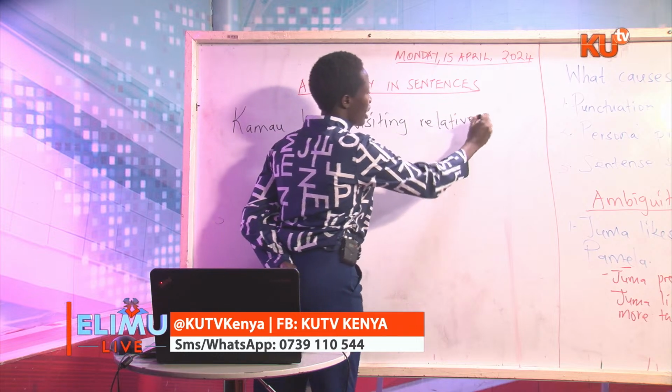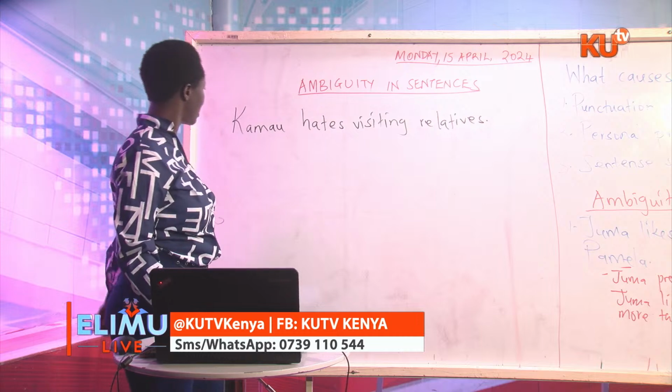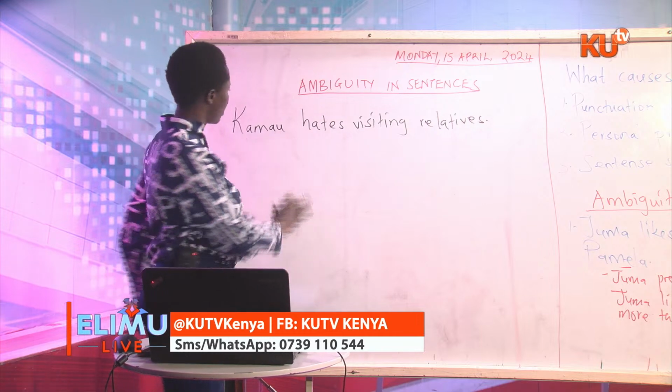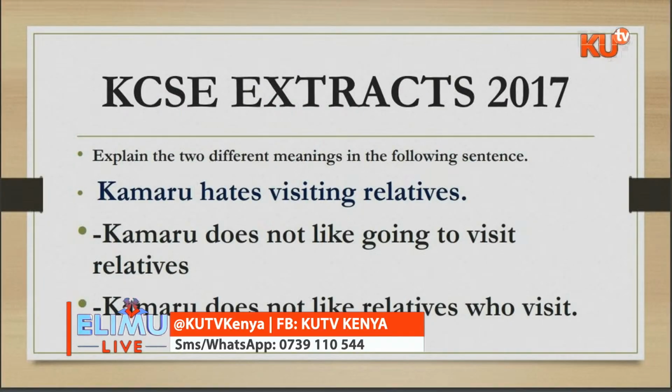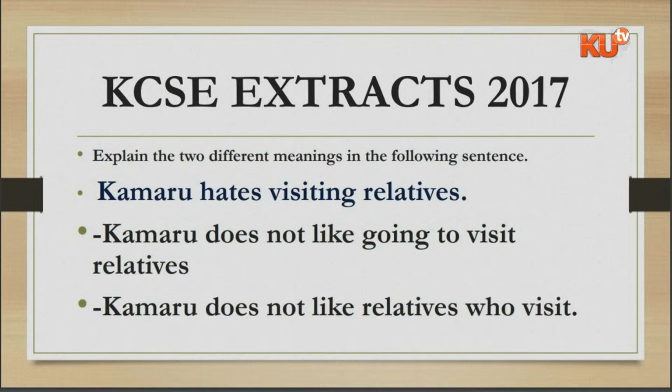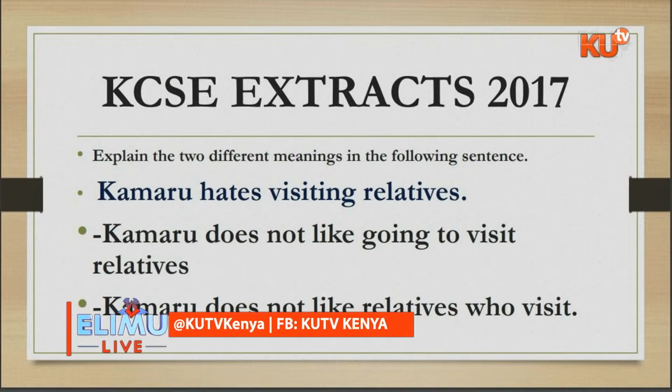If you read this sentence as Kamau hates visiting relatives, the sentence is the same, but how you read the sentence, or rather the sentence structure, is what brings about the different meanings in this sentence.